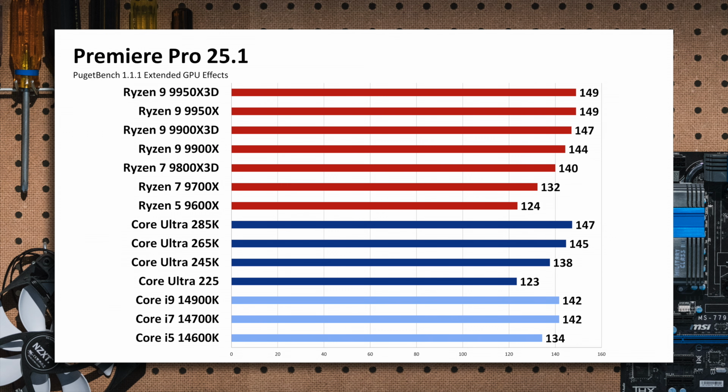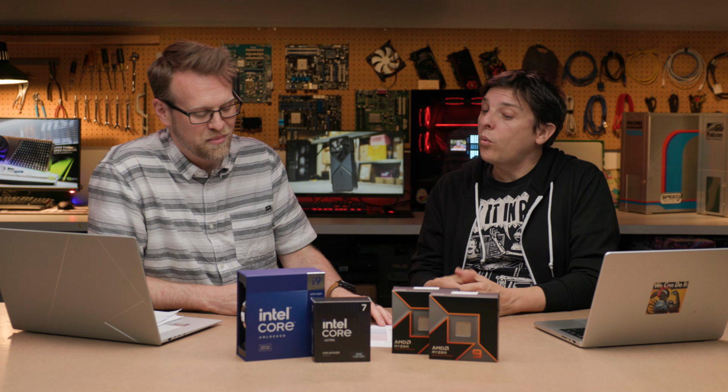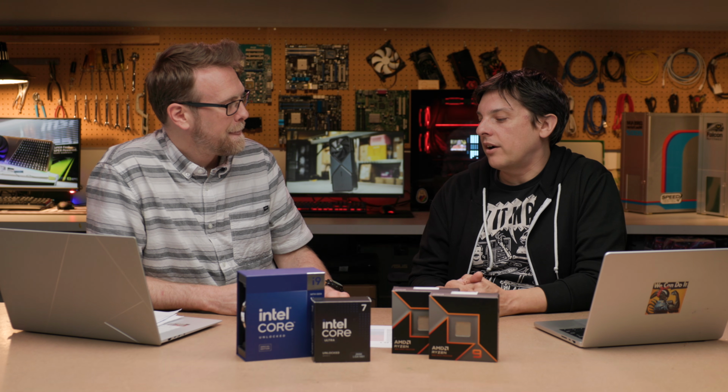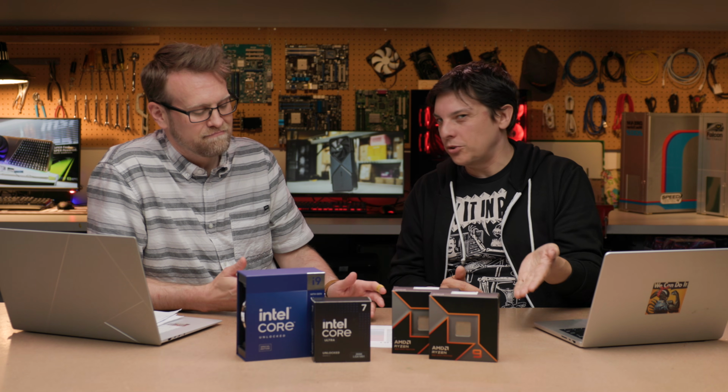Really, the only standouts are the Ryzen 5 9600X, which is the 6-core part, and the Core Ultra 225, which is 6 performance cores and 4 efficiency cores, so a little more anemic on the core count down there. While this chart is significant, I think it tells you more about the neighborhood you're in than the specific CPU you should be getting.